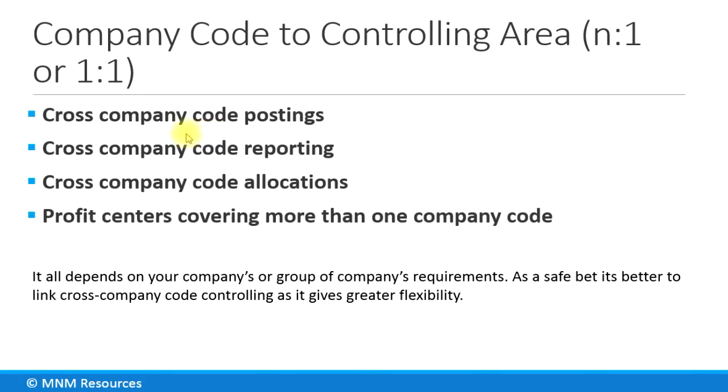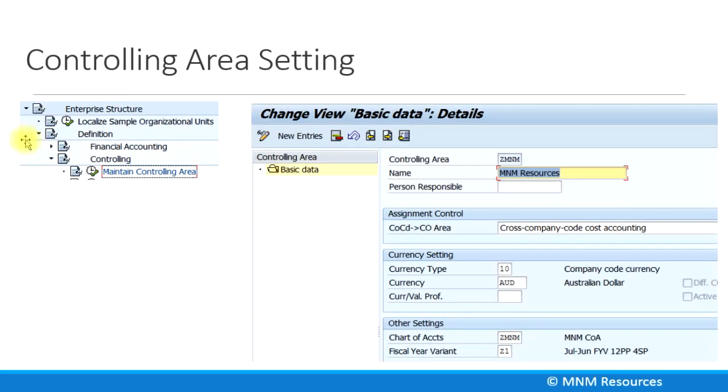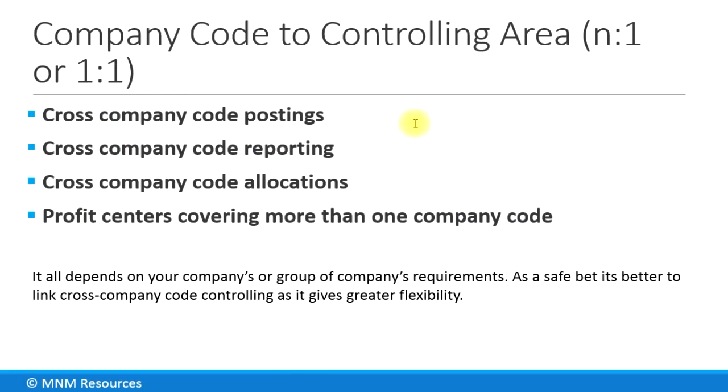All these types of company code postings can only happen if cross company code controlling is allowed. In this screen, I'll just show you. If this option is selected, only then can you perform all this. Cross company code controlling means you can assign multiple company codes to use the same controlling area.